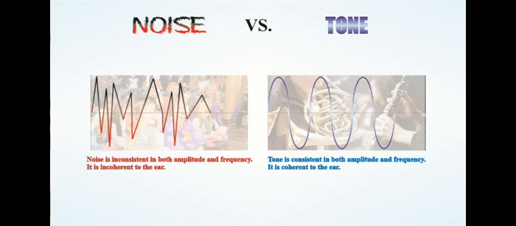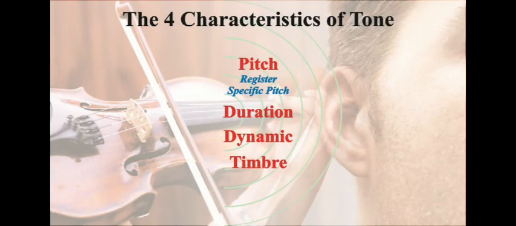Tones are the essential elements that make up what we call music. A tone has 4 individual characteristics. The composer uses and manipulates these characteristics simultaneously to shape the melodies and harmonies of a composition.